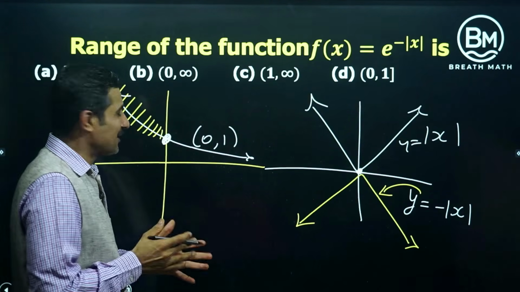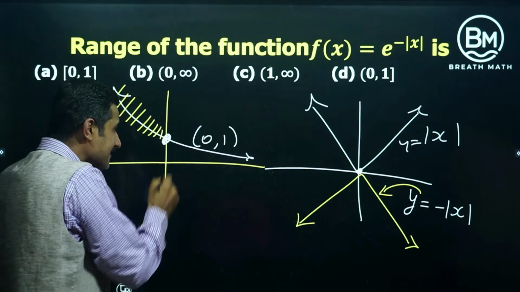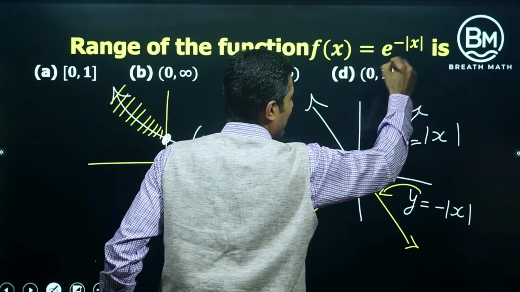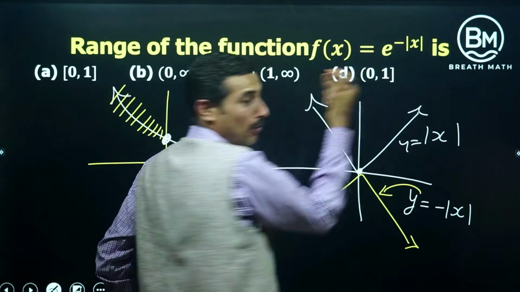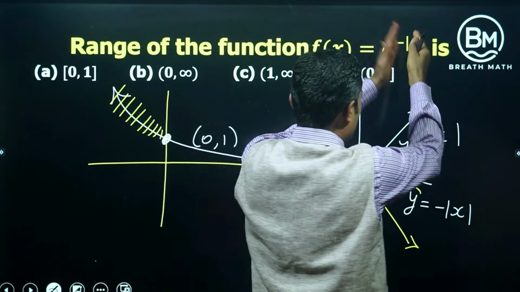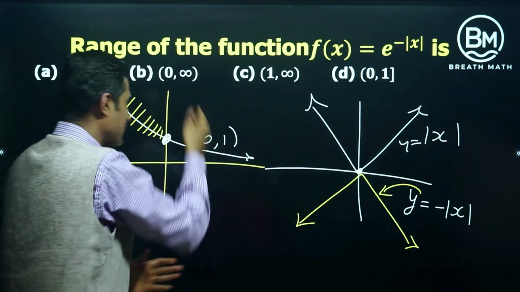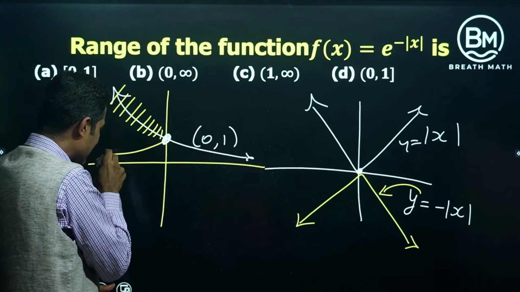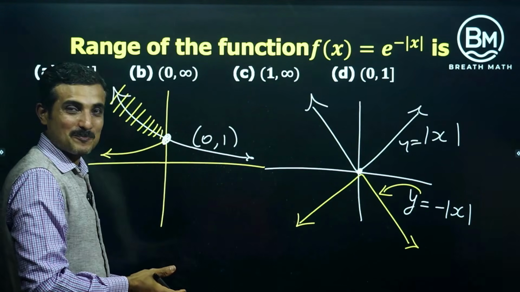What we have observed till now is this. Y-axis acts as a mirror, and to draw e power minus modulus of x, whenever modulus is sitting around x, you have to take the mirror image about y-axis. So in that case, the graph looks like this.